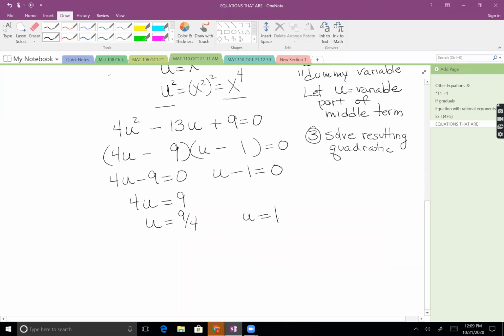And before I pat myself on the back, I have to remember, wait a minute, that was not the question I had to solve. I wasn't looking for u, I was looking for x. So now we're going to back substitute the original variable.